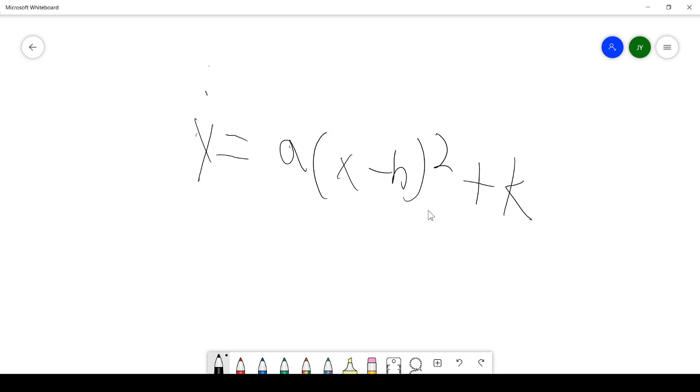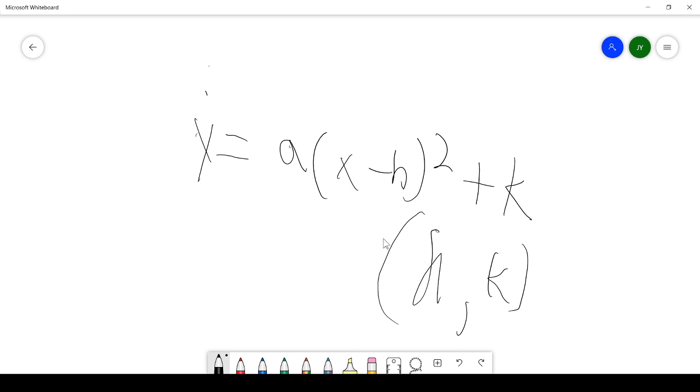And as always, h and k generally stand for the coordinates of the vertex, and just like usual, what you put in here is negative h, so don't forget to take the opposite of what you put in here and put it into the x value. So you plug that in, and well, probably the most important point about the parabola is the value of a.